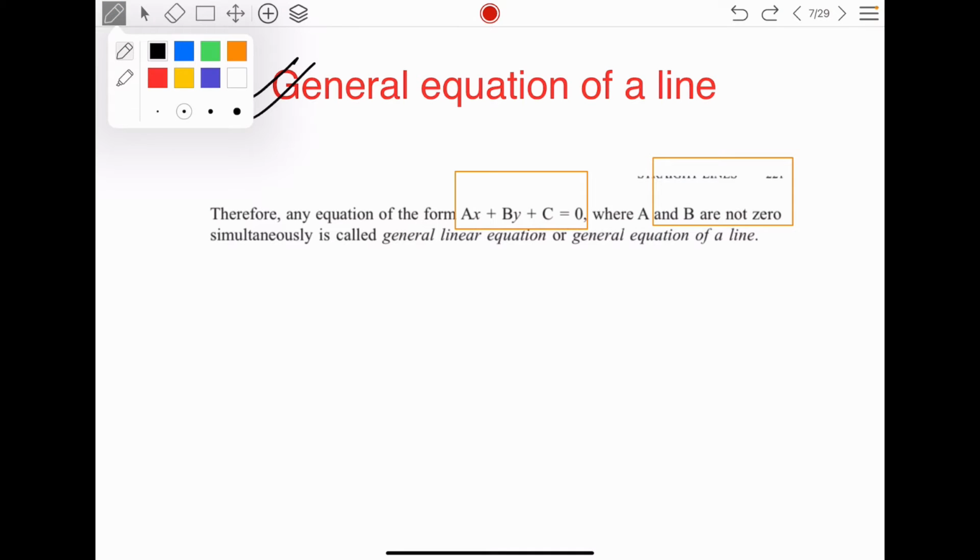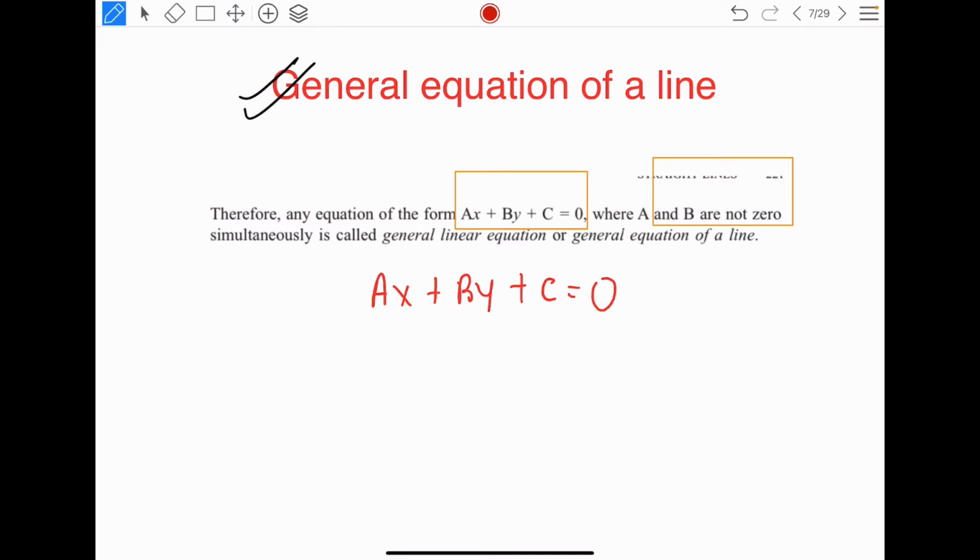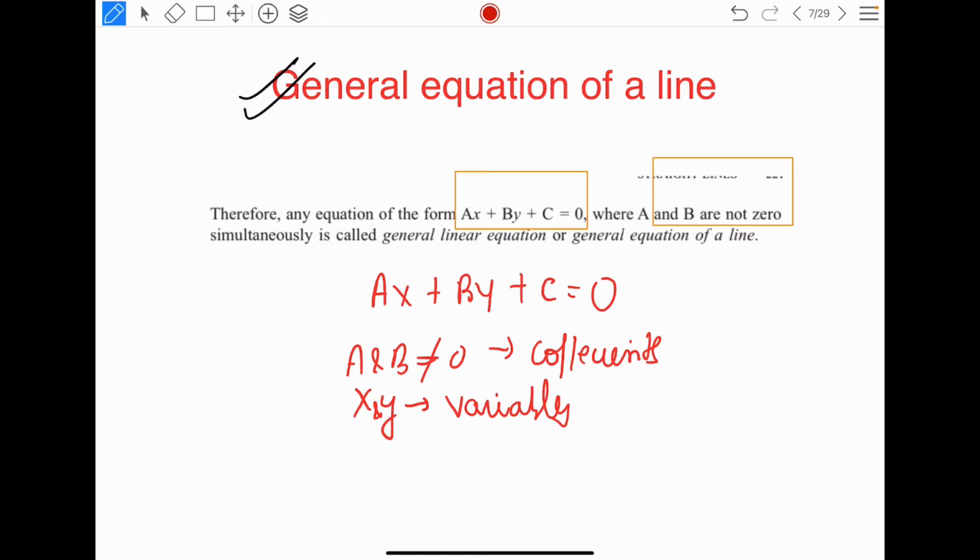Let me again write it here. The equation is ax plus by plus c is equal to 0, where a and b are non-zero and are called your coefficients. x and y are your variables. c is any constant, c can be 0, and you equate them to 0.